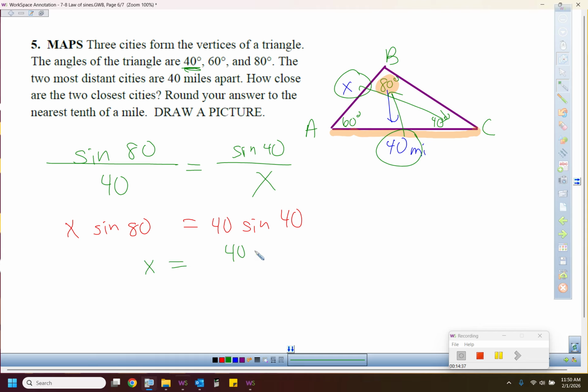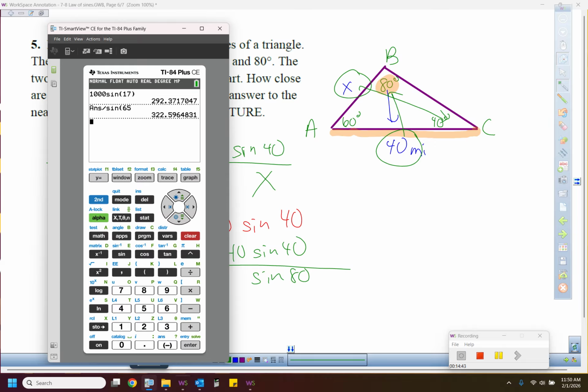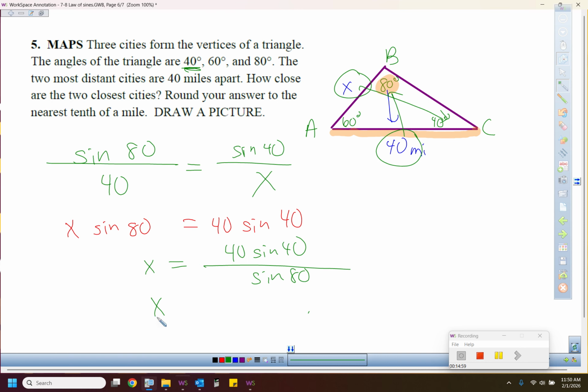X will equal 40 sine of 40 over the sine of 80. We punch that in: 40 sine of 40, hit equals, divided by the sine of 80, and I got about 26.1 miles. So x is about 26.1. They did say round our answer to the nearest tenth of a mile, so I got that.